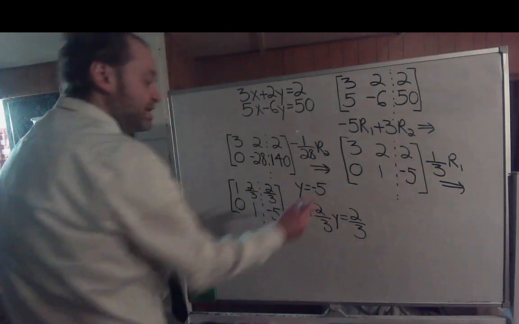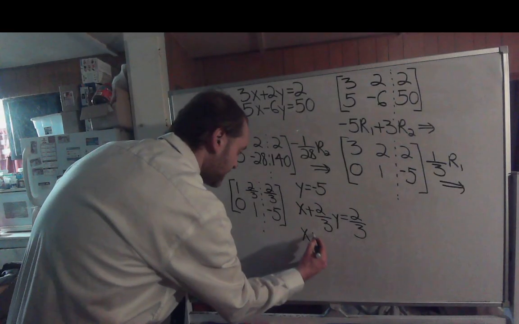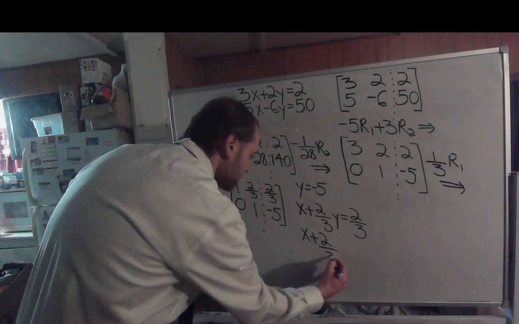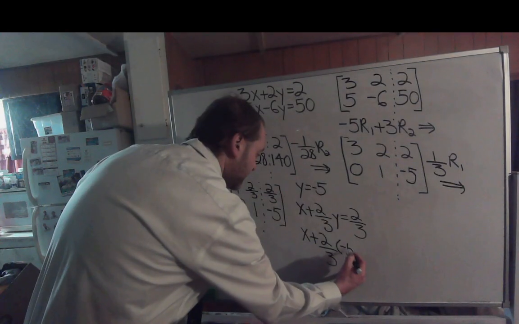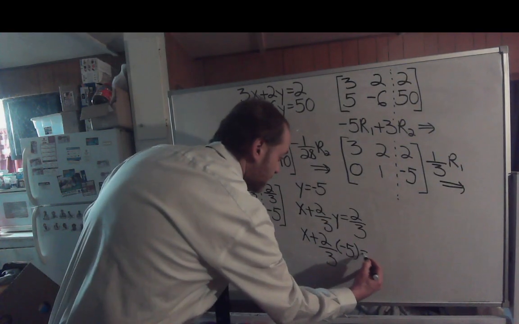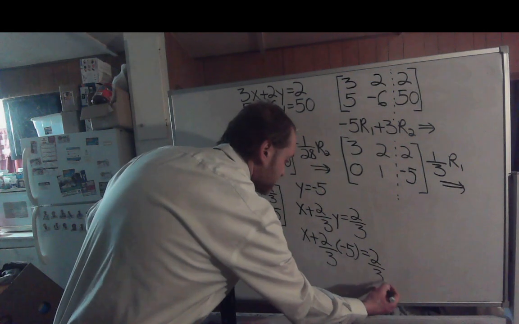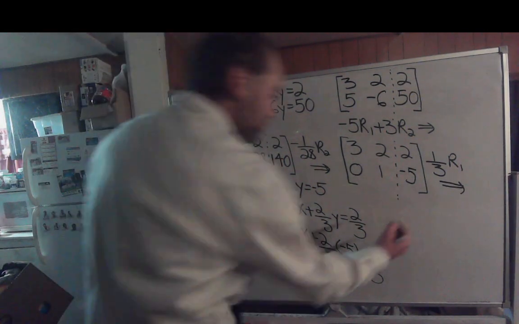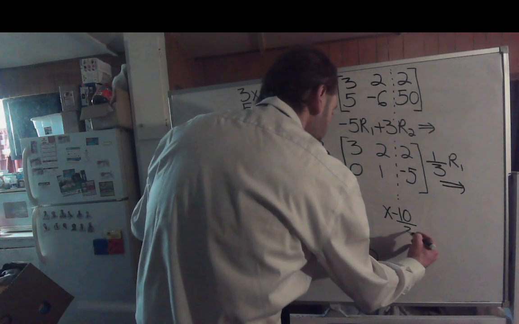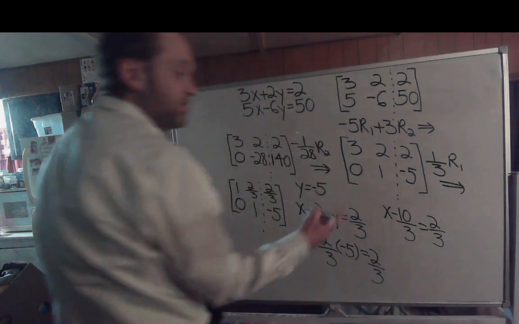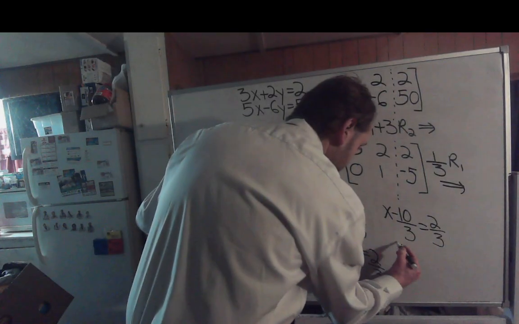So put that negative 5 in for your y, you'll get x plus 2/3 times negative 5 equaling 2/3, which will turn into x minus 10/3 equals 2/3. This would just give you that x equals 12/3, which means x equals 4.